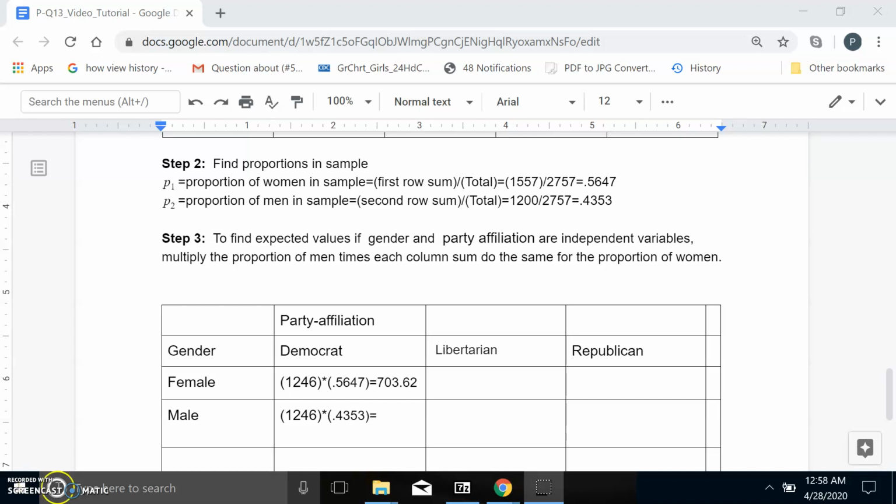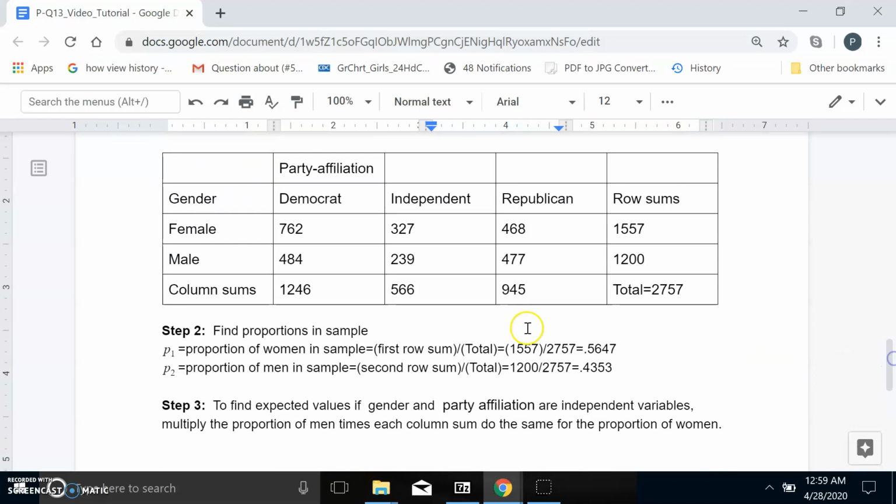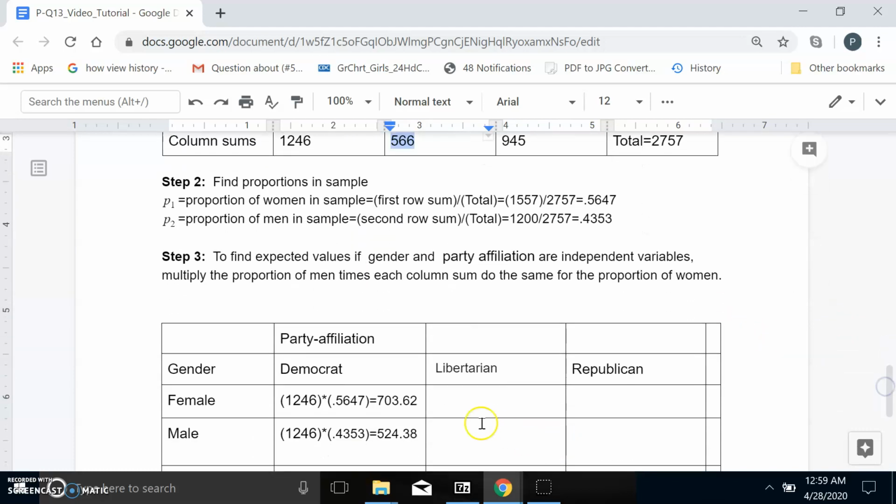Now let's do the same for the next one. So we get 524.38 rounding to 2 decimal places. Then we do the same for the libertarian column. So let's look at the column sum for libertarian. It was 566, so it'll be 566 here, and down here.